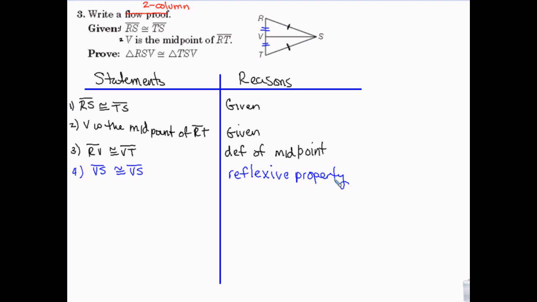So anytime a point or an angle or a side of a figure needs to be introduced, you just say it's equal to itself and call it reflexive. And then you can use it for anything else in the whole proof.